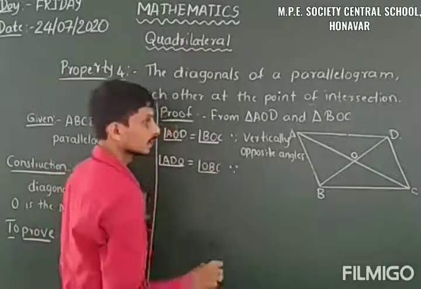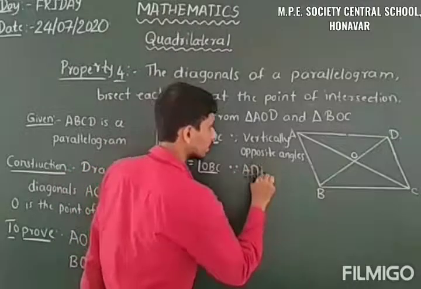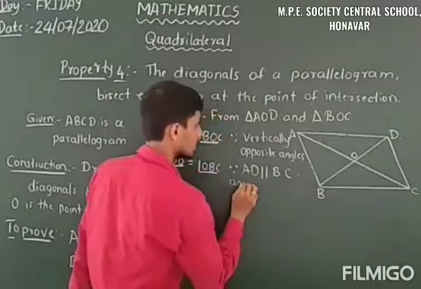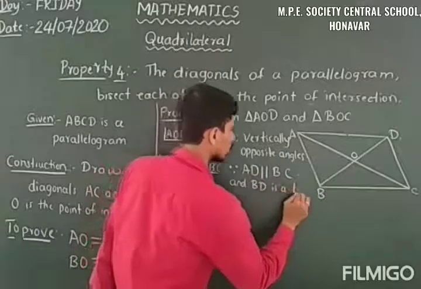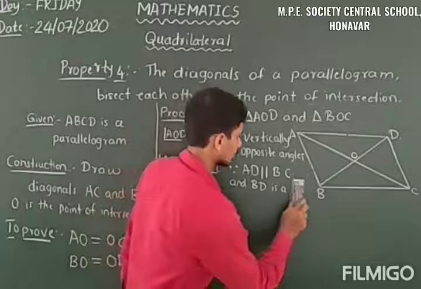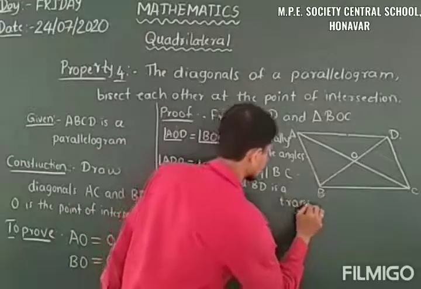because here AD is parallel to BC and BD is a transversal. So I will write it below.